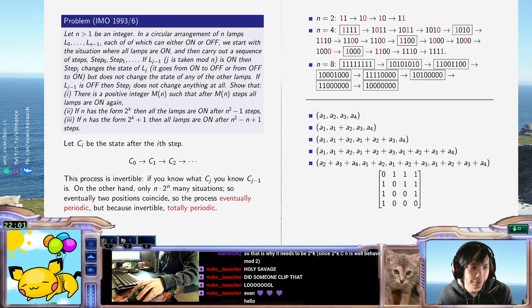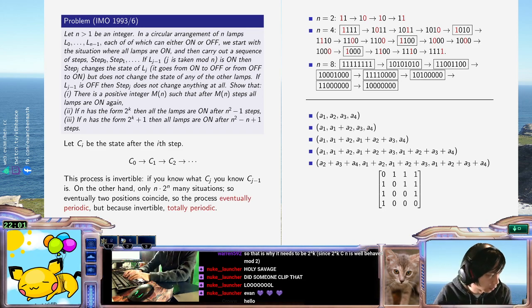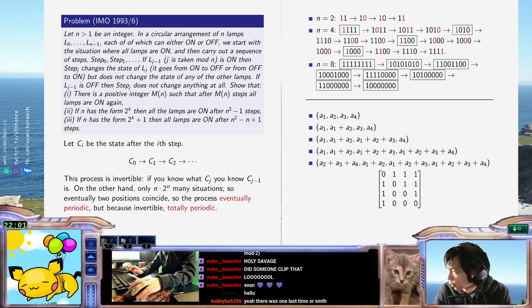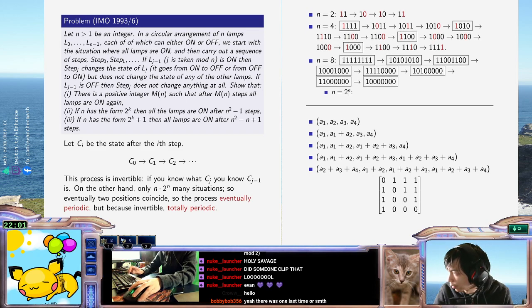Yeah, but anyways, for n equals 8, what happens is... Hi, Crow. Basically, if n equals 2 to the e, what will happen is... The first thing that happens is that the ones sort of condense... Actually, I don't know. What does this look like in general?